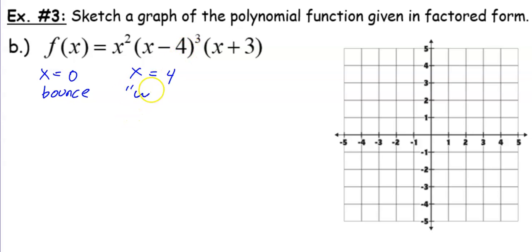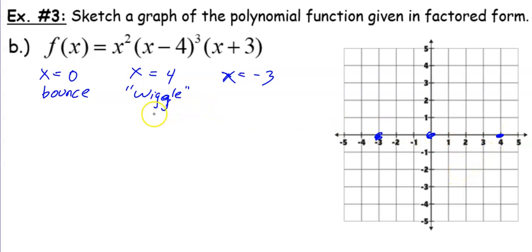That means we're going to have a wiggle at this 4 where we change shape just a little bit. We're not going to go through the x-axis cleanly. And we can have x equals -3. So those are my zeros: -3, 0, and 4.